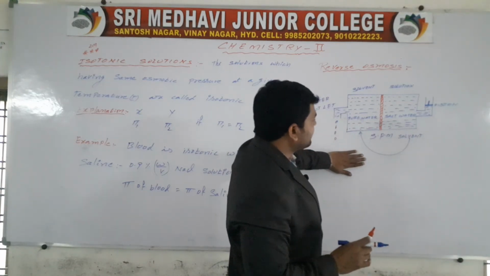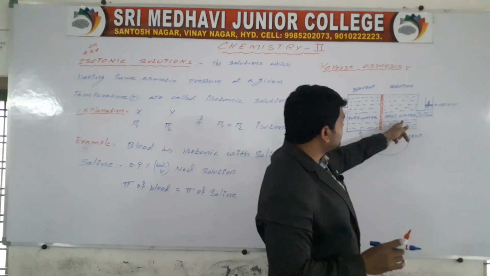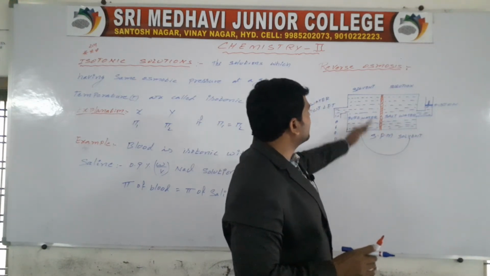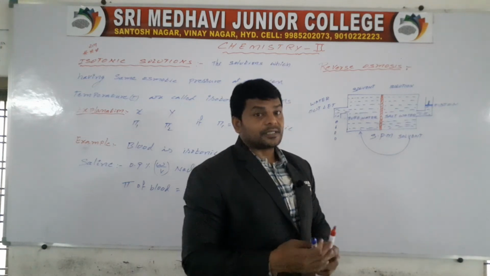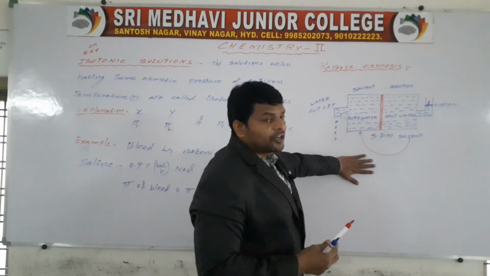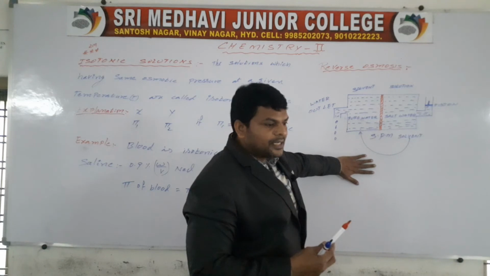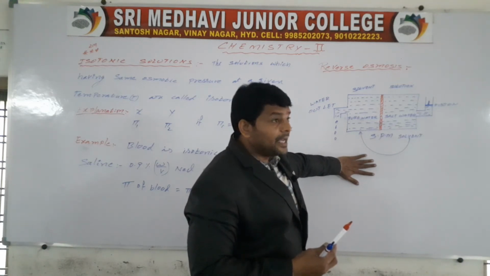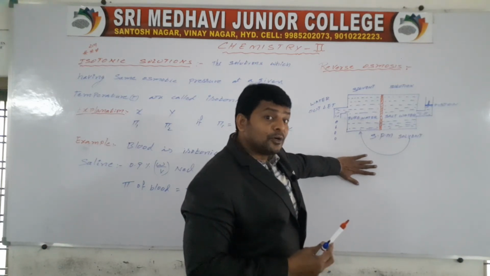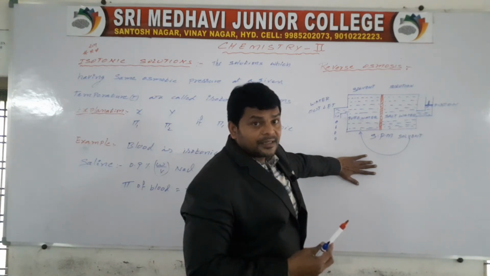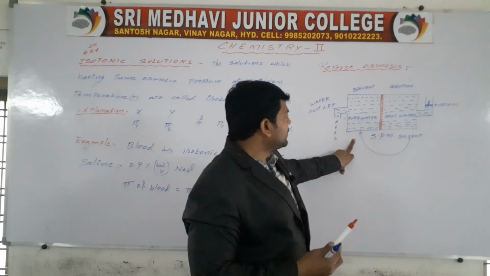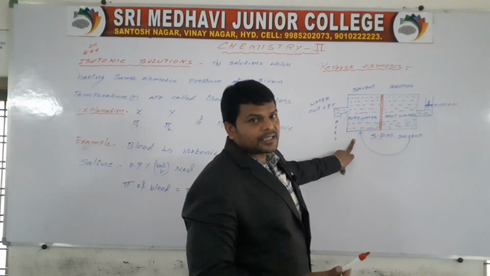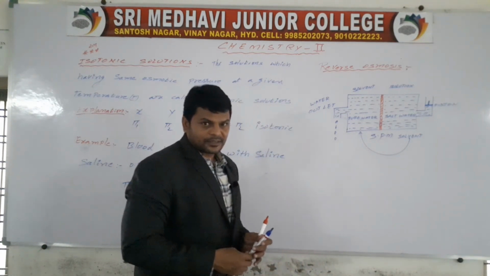The process of solvent particles moving from the solution into the pure water is nothing but reverse osmosis. That is, when the pressure applied on the solution side is more than the osmotic pressure, solvent particles pass through the semi-permeable membrane into the pure water.